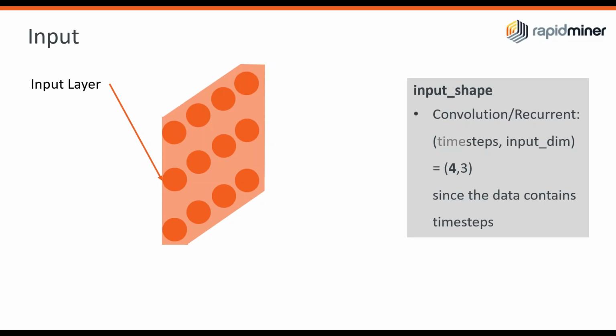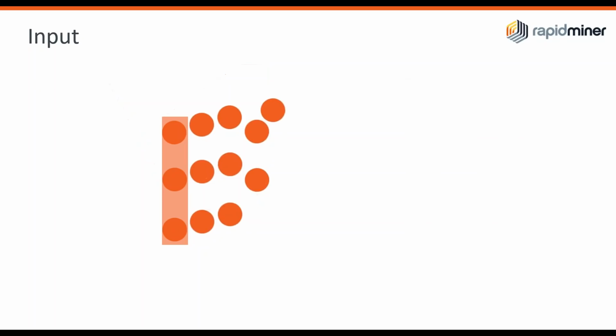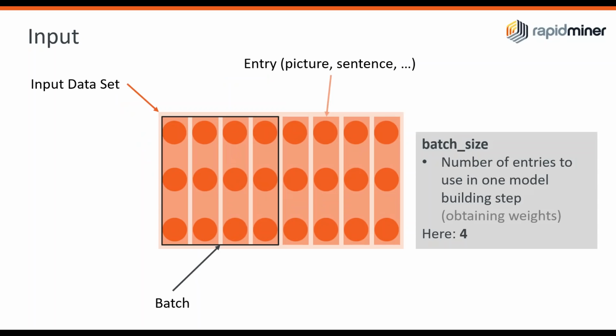And there's one more thing you need to learn about the input data. Looking at this whole orangey box, this is our complete data set right now. Each column represents one entry, so one data point. This could be a picture, a sentence, or whatever, or it could be a series of time events.